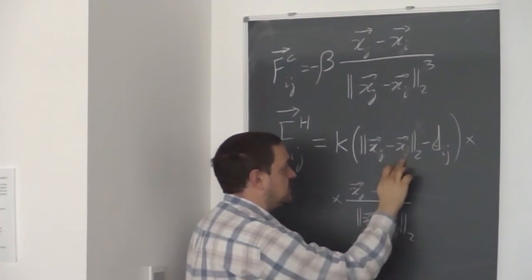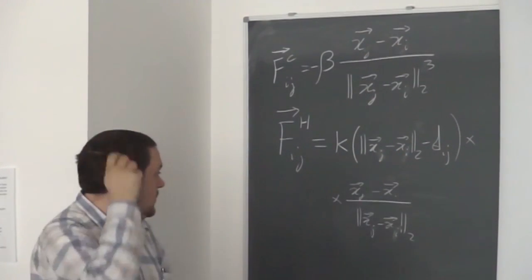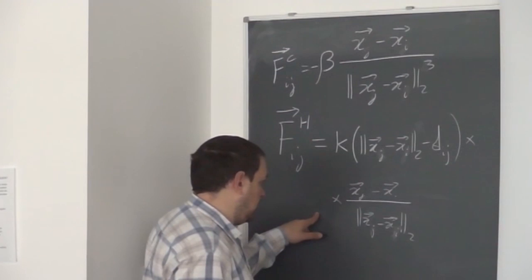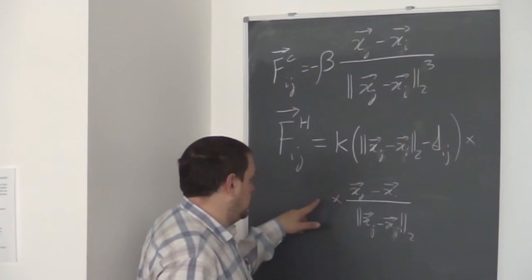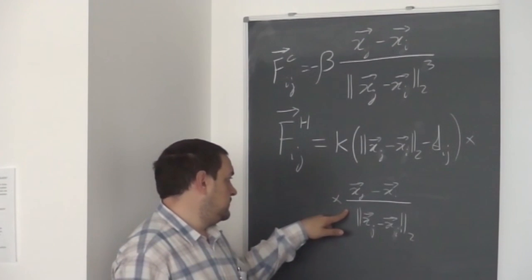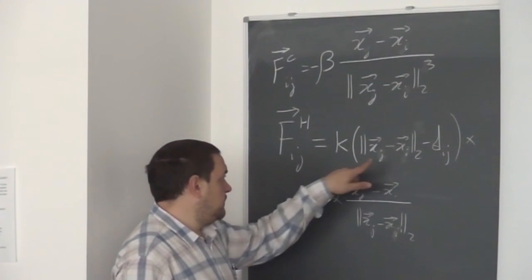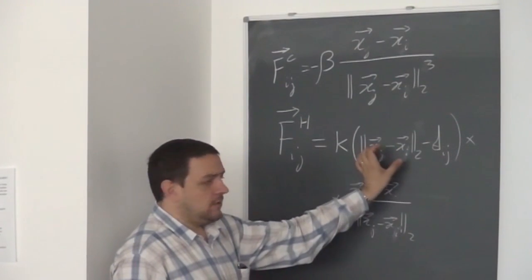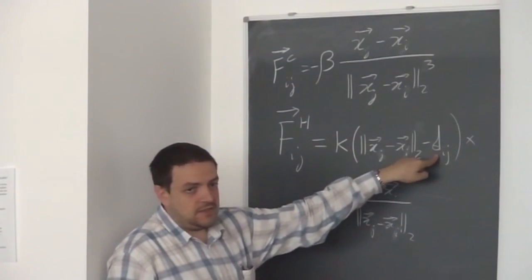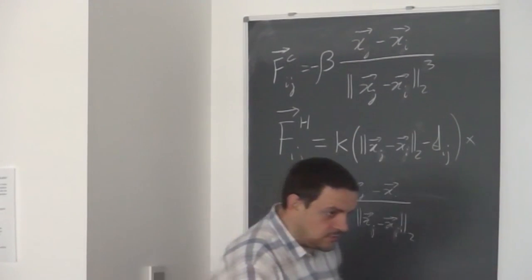Of course, inside the norm, the order does not matter. So here the force will be attractive when the elongation of the spring is larger than its ideal distance. So it should work this way.